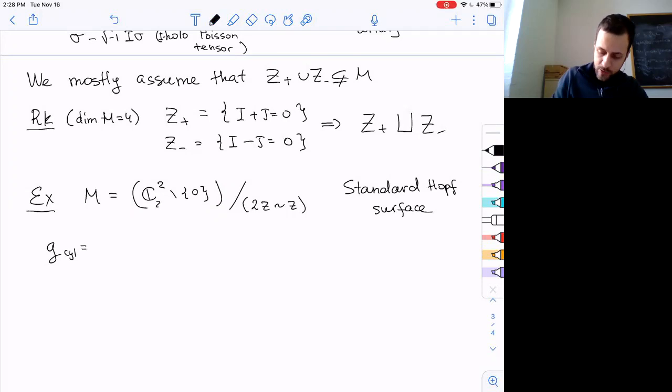Basically, if your coordinates are z1 and z2 in complex space, then this metric is dz1 dz1 bar plus dz2 dz2 bar, divided by the norm z1 squared plus z2 squared. Well, technically, since g is a Riemannian metric, I need to take the real part of that.